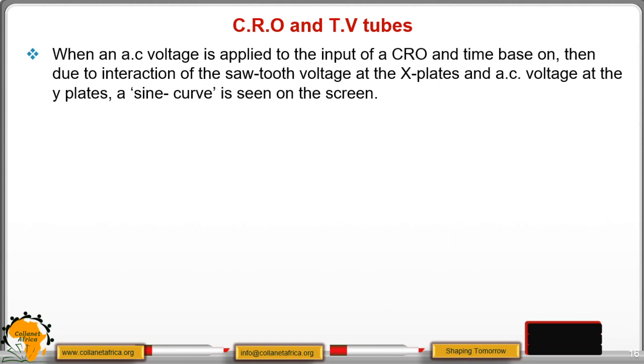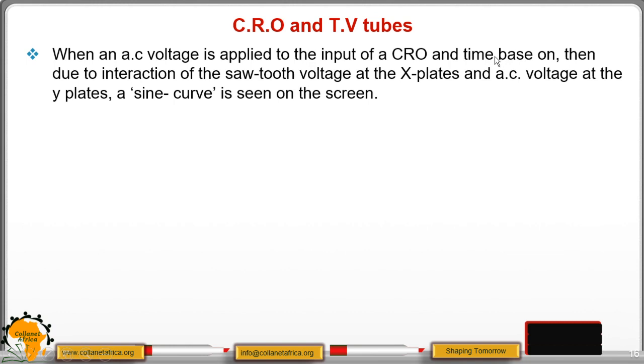But when an AC voltage is applied to the input of a CRO, that is the Y plates, and the time base is on, so instead of using a DC voltage on the Y plate, we replace that with an AC. And then we ensure that the time base is on.